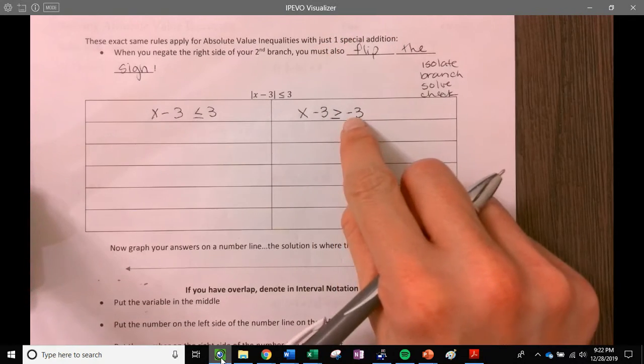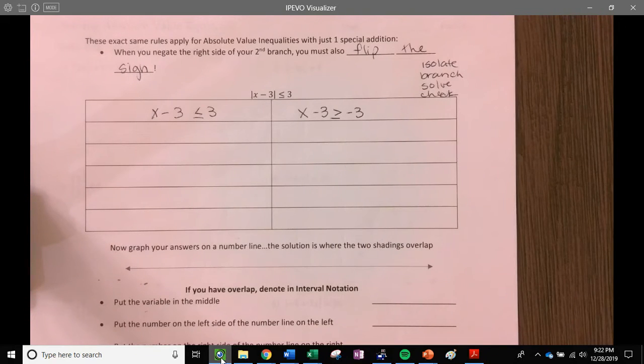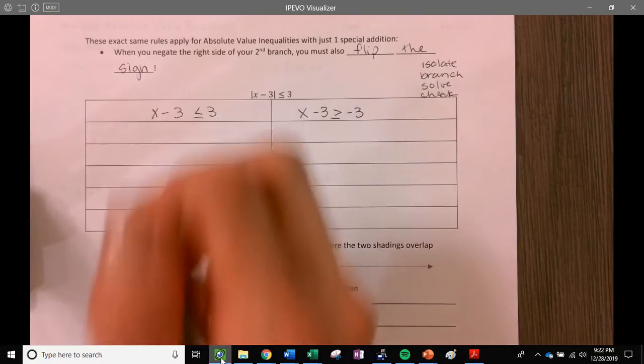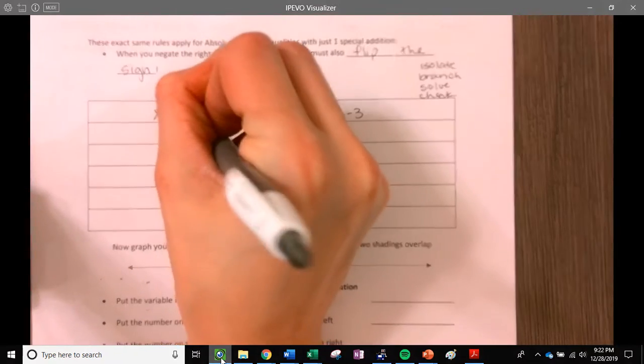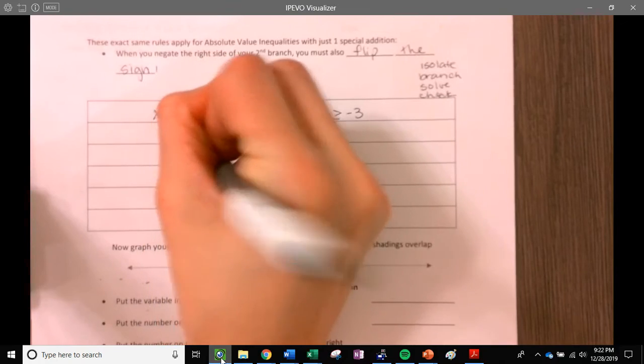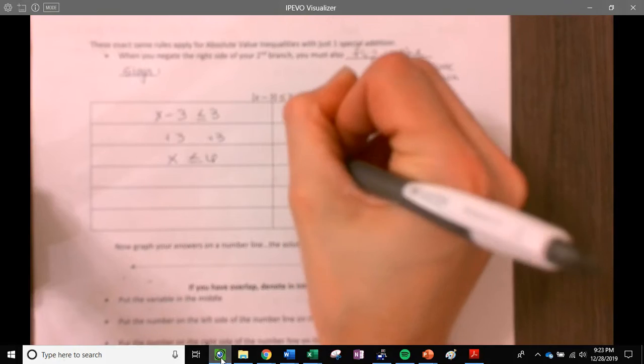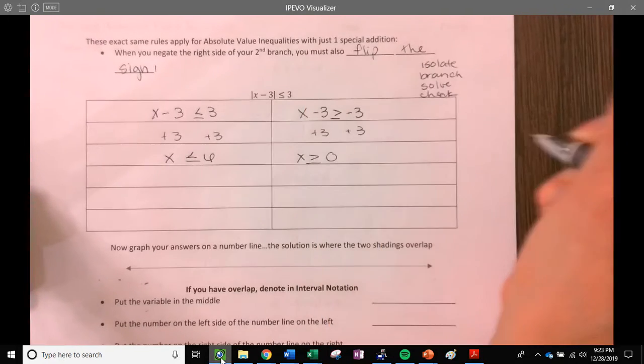So you still negate the number and you also flip the sign. Okay? So we will add 3 and we get x is less than or equal to 6. Add 3 and add 3. X is greater than or equal to 0.